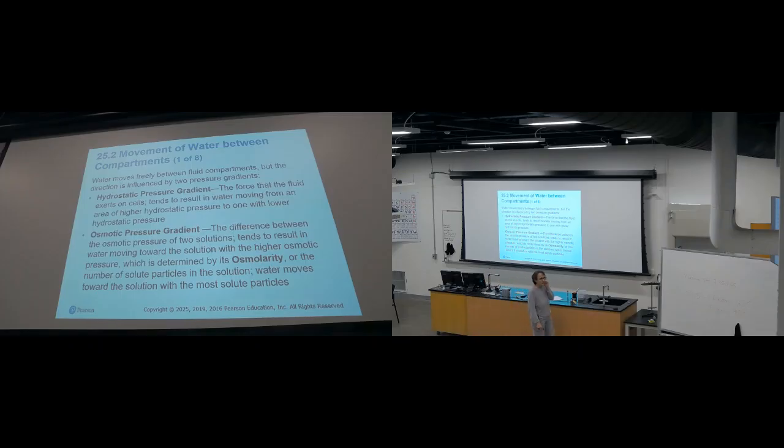And that osmotic gradient is measured in osmolarity. So osmolarity is the number of solid particles in a solution. So water tends to move from an area of low concentration of solutes to high concentration of solutes, or high concentration of water to low concentration of water.